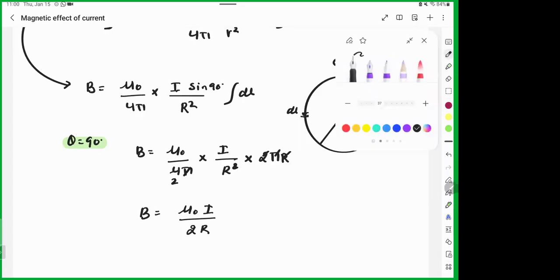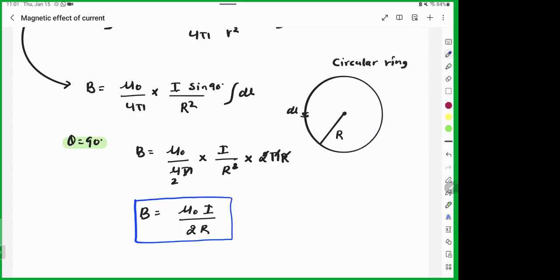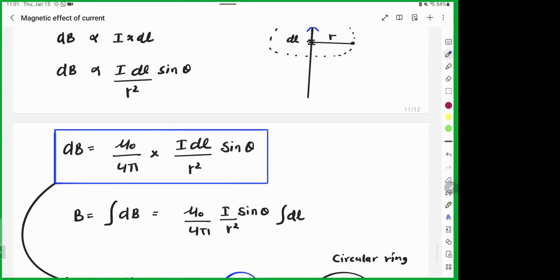Trust me, 99% of people try to remember this formula. But if you are able to just do the integration of dl, your answer is already done. You don't need to remember anything. And Biot-Savart is very logical. More current, more magnetic field. More distance, less magnetic field will be felt. Angle matters.